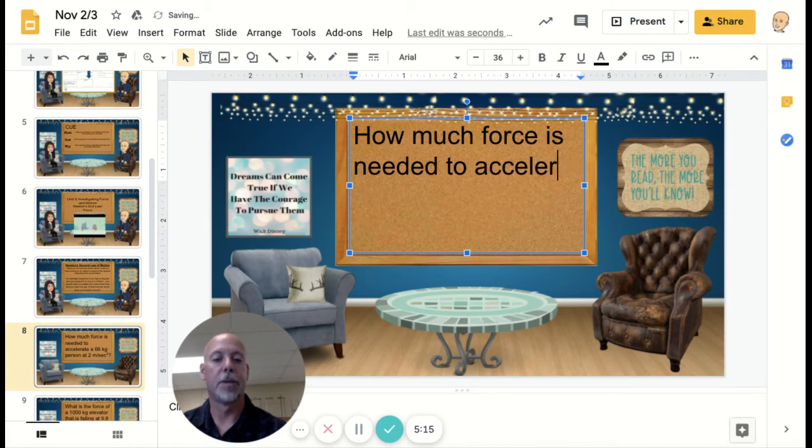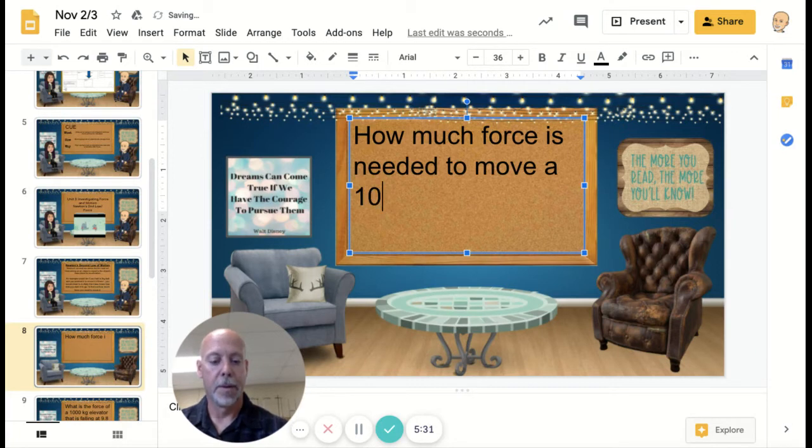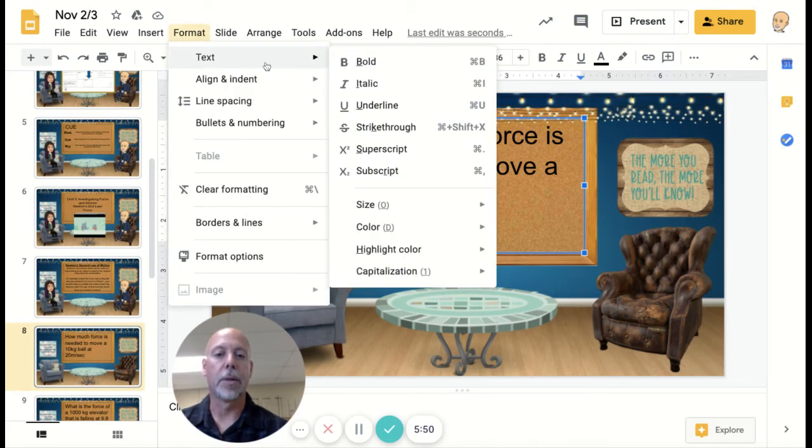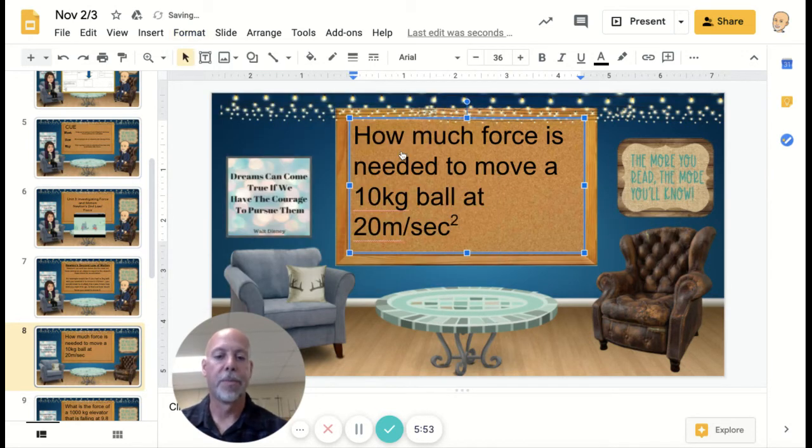How much force is needed to move a 10 kilogram ball at 20 meters per second squared?